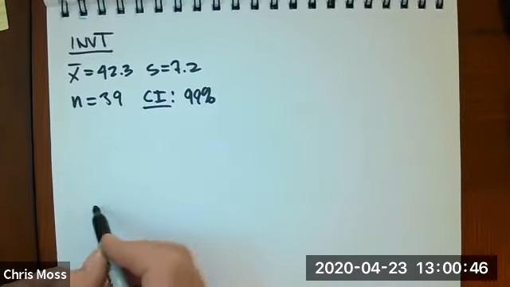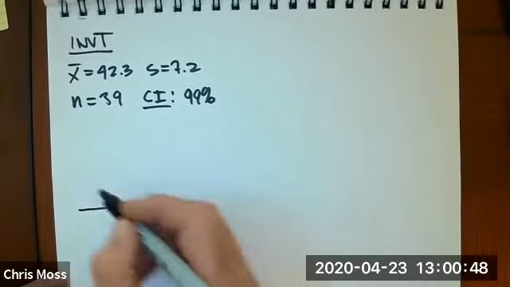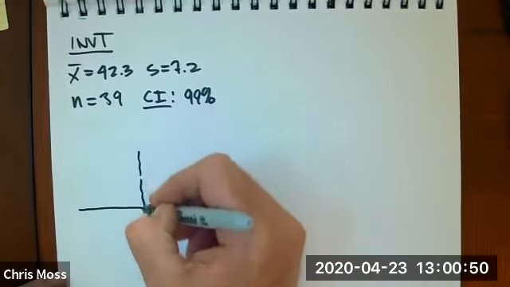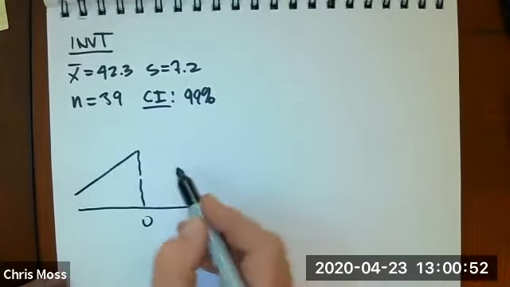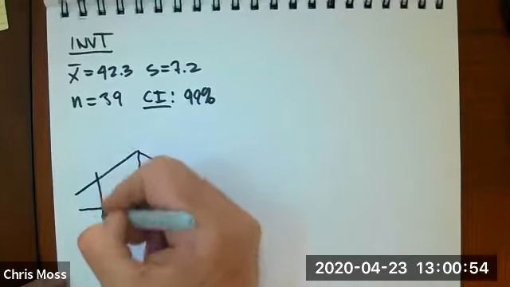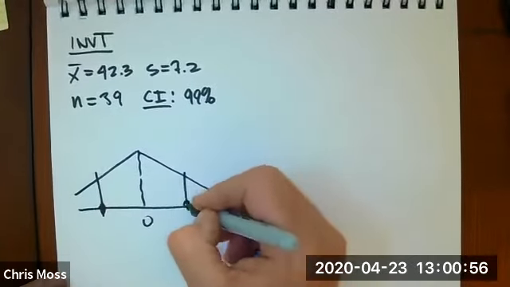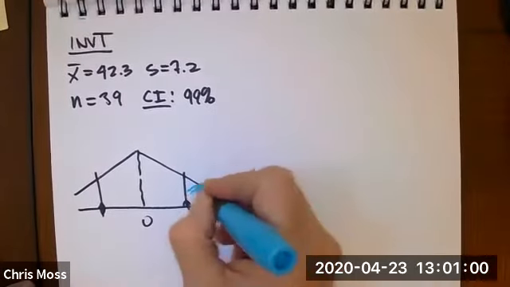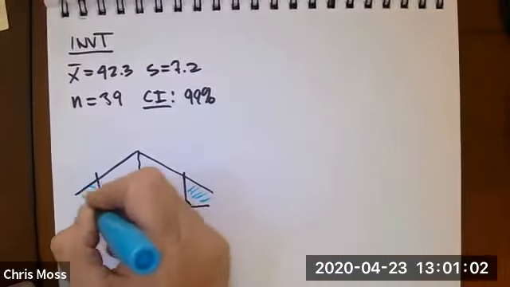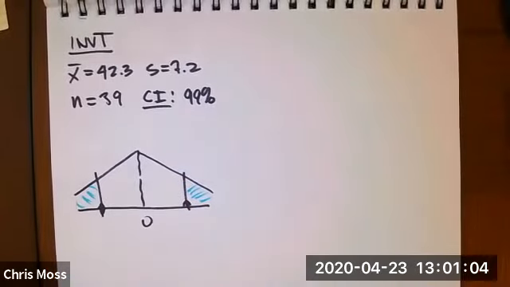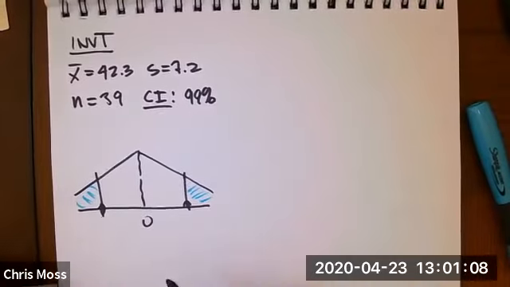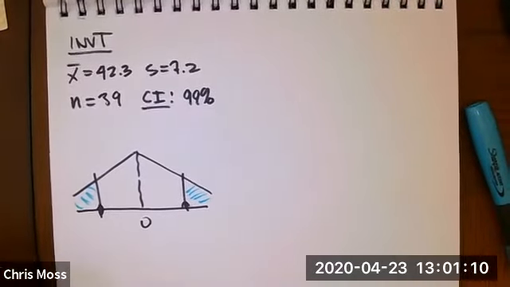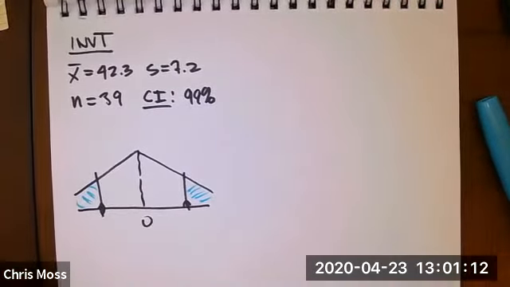Here again, I'm going to remind people that the picture is really a means to an end. I've got a critical value on the left and a critical value on the right. The inverse T tool works very much like the other tool we discussed previously.